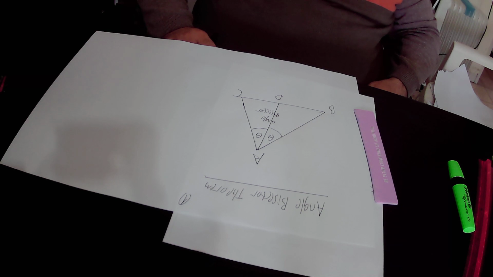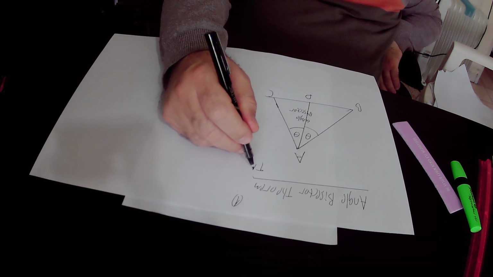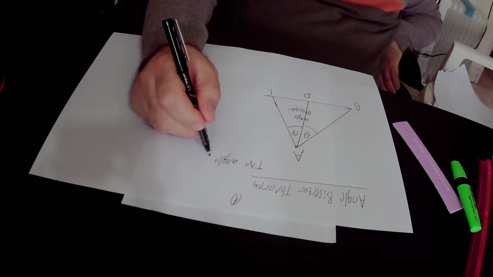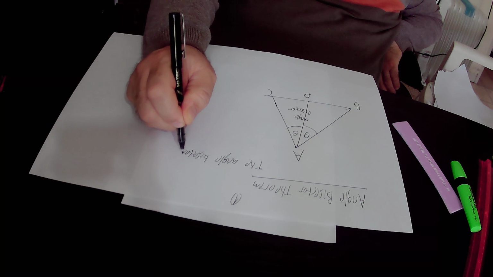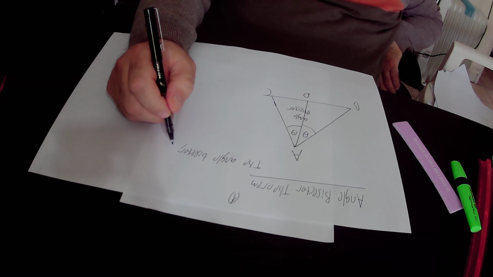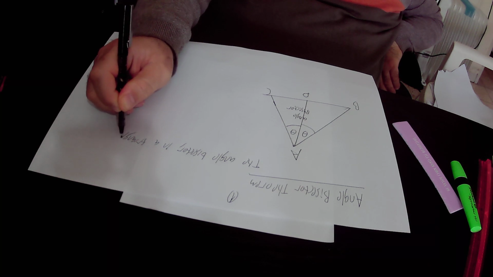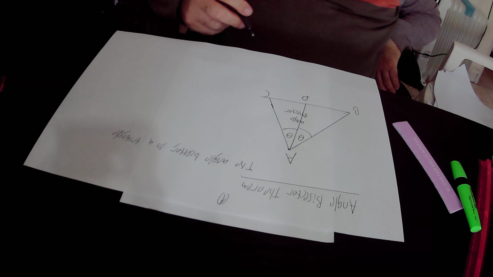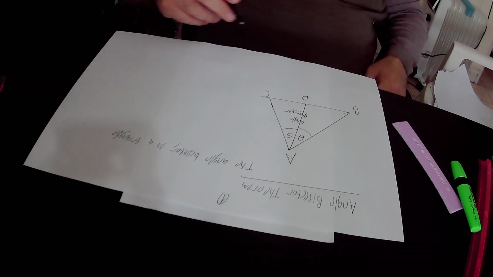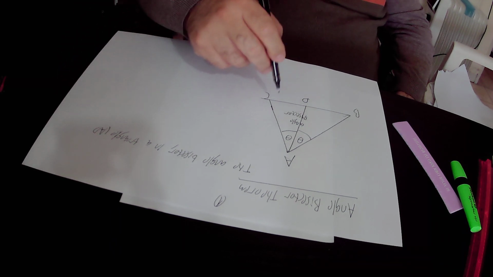So according to the angle bisector theorem, the angle bisector in a triangle, in our specific example the angle bisector is AD, so we write in brackets that we are relating to line segment AD, which is the angle bisector in this triangle ABC because it bisects angle BAC into two halves.